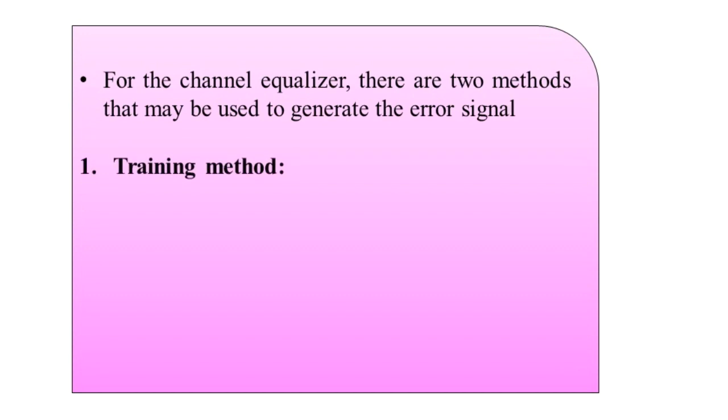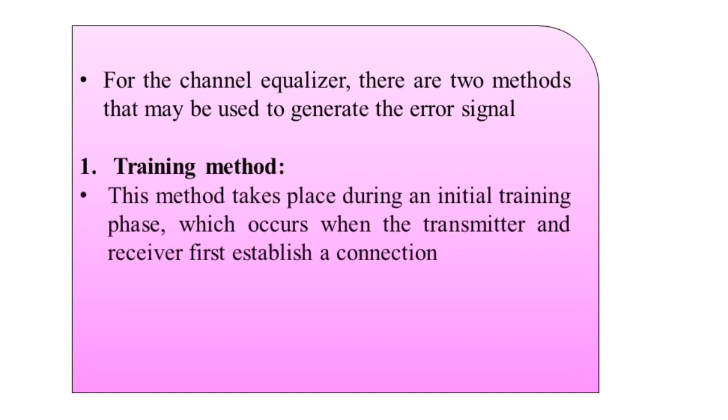Regarding the training method, it occurs during the initial training phase that we have represented in the block schematic, pointing from the left hand side to the right hand side. This occurs when the transmitter and receiver first establish a connection between them.